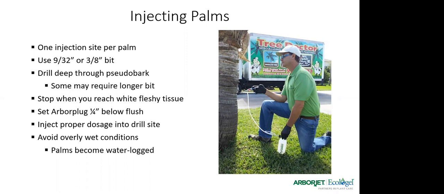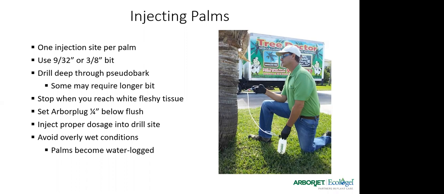If I tap that plug in a little deeper, I get a proper seal again and can continue the injection without any leakage. Because pseudobark doesn't seal around the plug as well as regular trees, be prepared that when you tap it in and start your injection, it might start to seep around the edge. Just tap that plug in a little further and continue the dose.